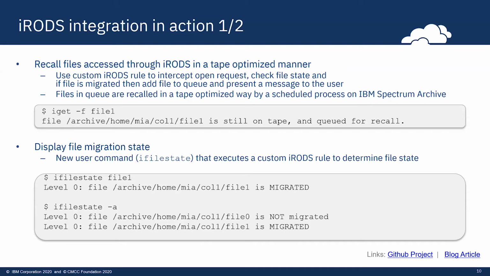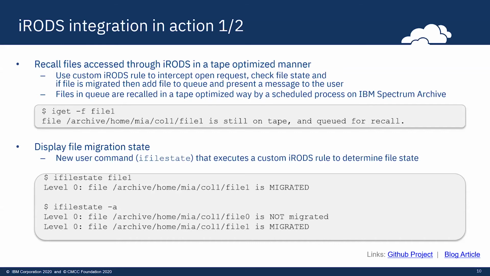We call it iFileState. Sorry, iRODS Consortium, we didn't inform you about that, but it's really a simple implementation, and probably doesn't fit your purposes. But essentially, this command executes a custom iRODS rule, which determines the file state and gives a message back to the user, which says the file is migrated or the file is not migrated.